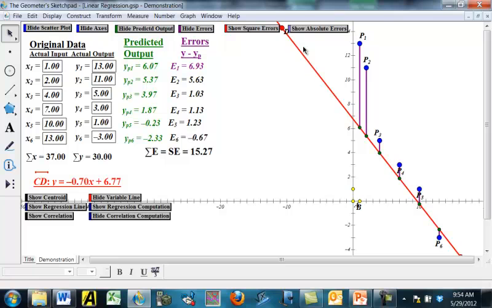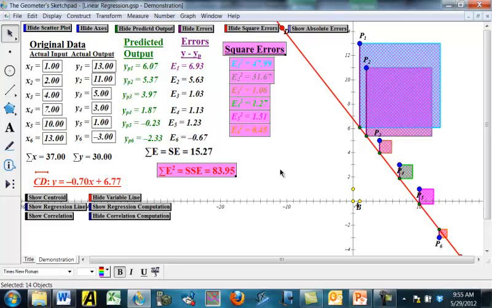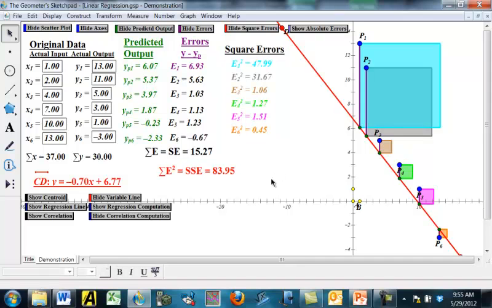In the same way that we use the squares of the deviations from the mean to compute the standard deviation and the variance, we're going to use squares of these errors here. So what we're doing is we're taking these errors and squaring them. Notice geometrically what that does: the lengths of these purple lines here are the absolute values of these errors. But if we square them, we get the areas of these squares.